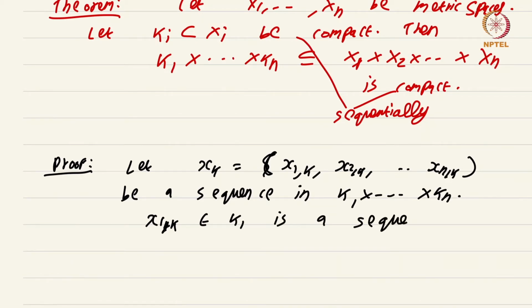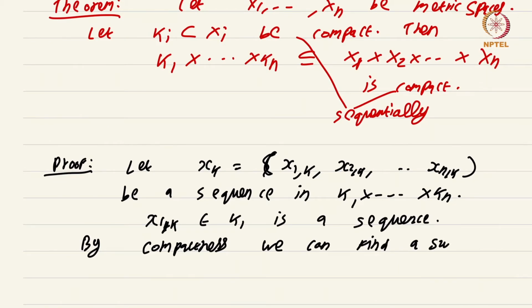I'm just extracting the first component. By compactness, we can find a subsequence.